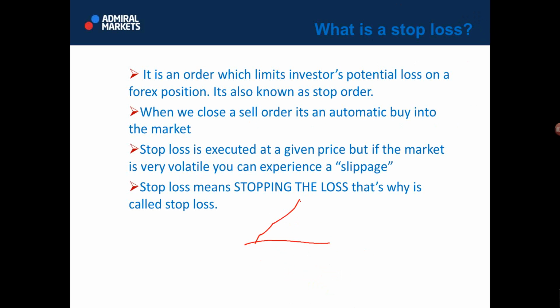What you can experience is that your stop loss did not close there. The price went through it, and your trade was closed there. That is slippage. It is usually 1 to 10, 15 points from your stop loss order, and it usually happens when the market is very, very volatile.